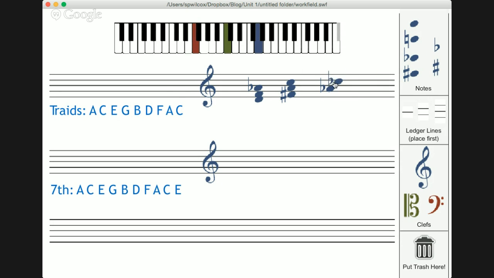So we want an A flat, and let's do a C flat, and then between C flat and some sort of E would be a minor third. So what would that be? So 1, 2, 3. Well, that's really strange.